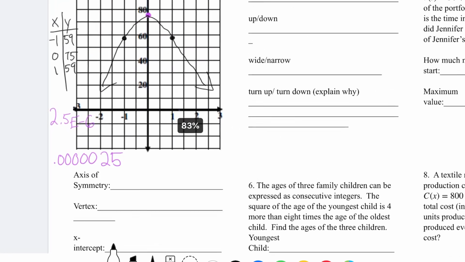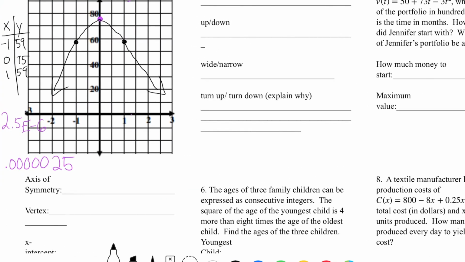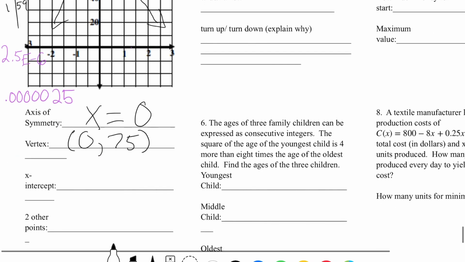So looking at our questions for number 4, it says axis of symmetry. Well, whatever the x value of our max or our vertex is going to be the x value we put, which is 0. Our vertex, same thing as our max. It asks for x-intercept or intercepts. So we go back to our graph, go to second trace, and we're going to calculate our zeros.